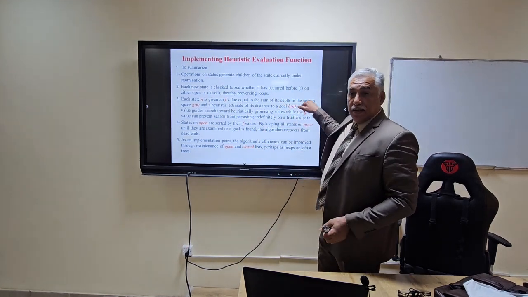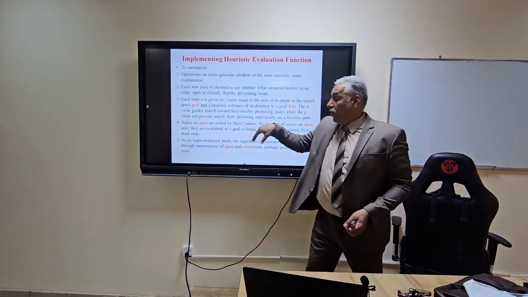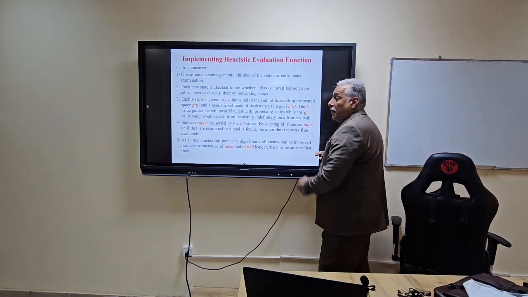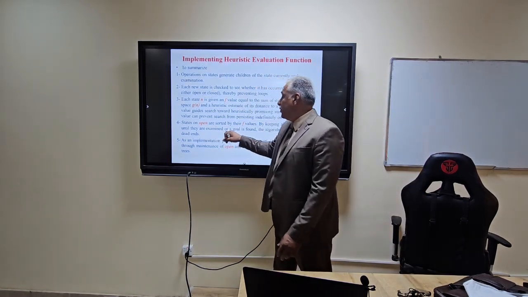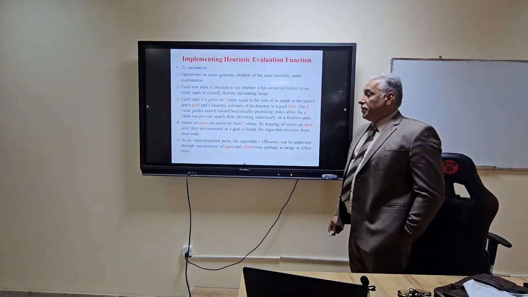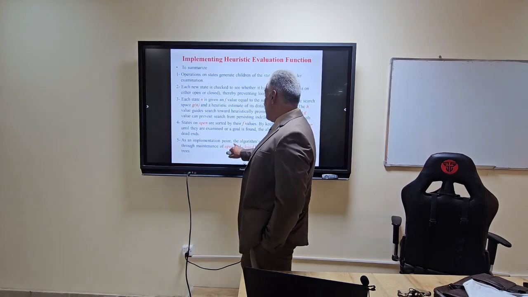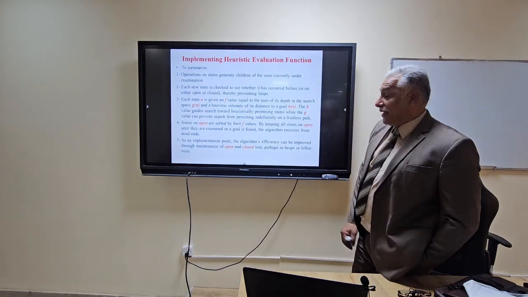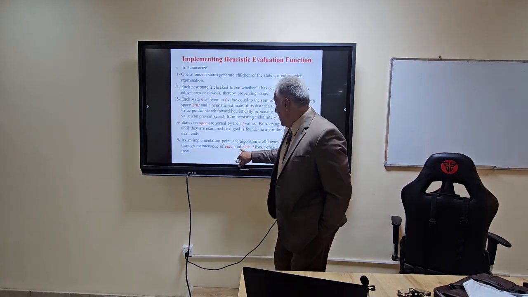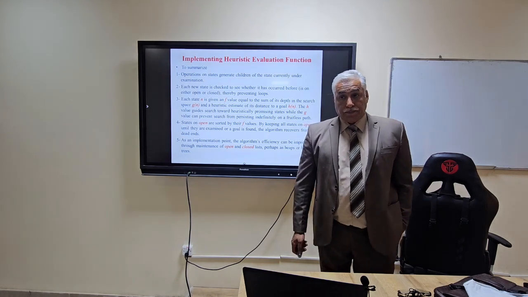Thus, nodes are arranged according to their f value, by keeping all states on open until they are examined or the goal is found. The algorithm recovers from the dead end. And lastly, as an implementation point, the algorithm's efficiency can be improved through maintenance of open and closed lists, perhaps as a heap or a tree.